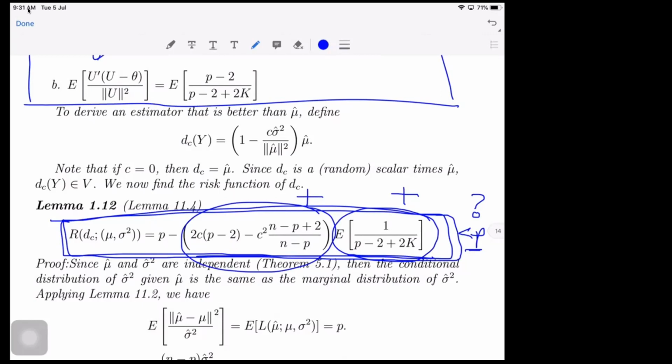So in the proof, you will expect somewhere that to show that these two terms here should be positive, because if one of them is negative, then that will be a problem. And if both of them is negative, is that a problem?